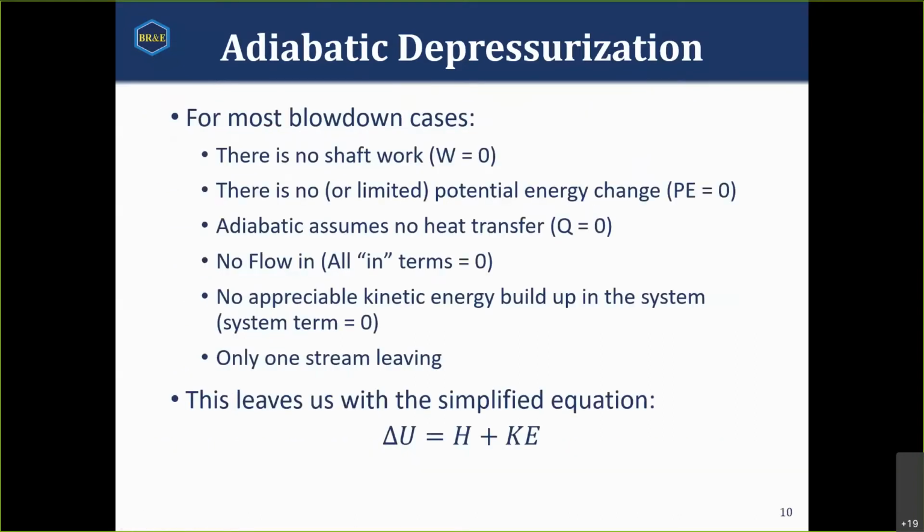None of those are entering into my system. Furthermore, I can say there's no kinetic energy buildup in my system. If I have a vessel, I'm not having kinetic energy slowly increase over time. Because of that, I can say my system kinetic energy is zero. There is only one stream leaving.